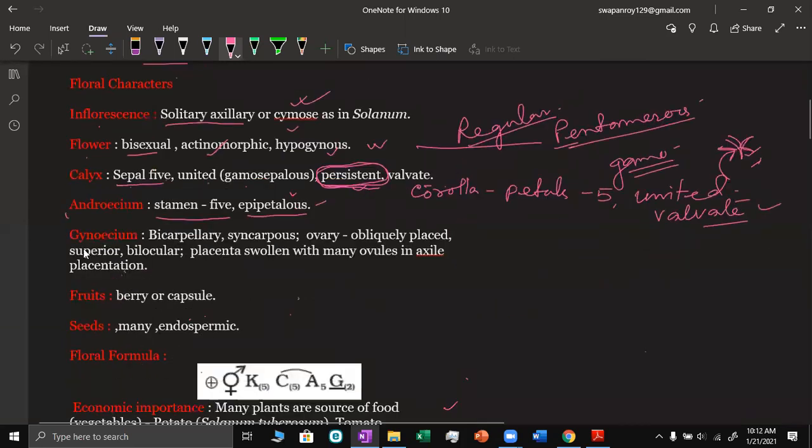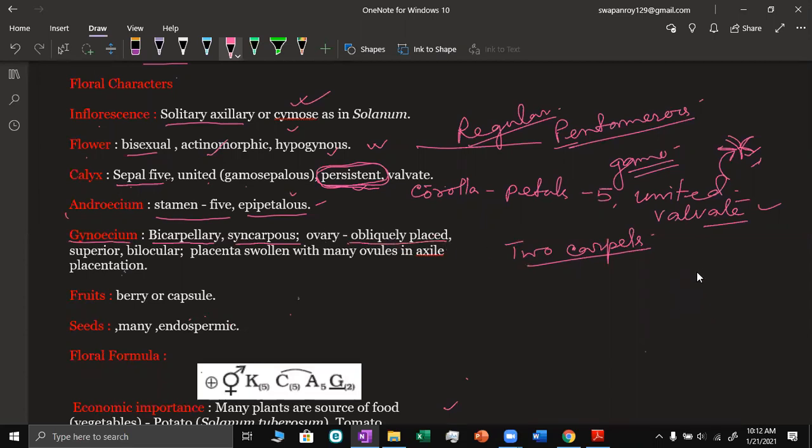Gynoecium. This is bicarpellary, means two carpels. The gynoecium is made of two carpels. These two carpels are fused together, so it is syncarpous. One important feature here in Solanaceae is that the ovary is obliquely placed.